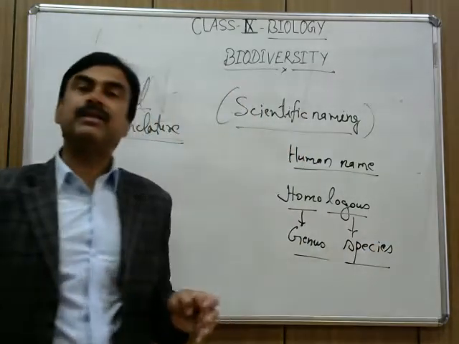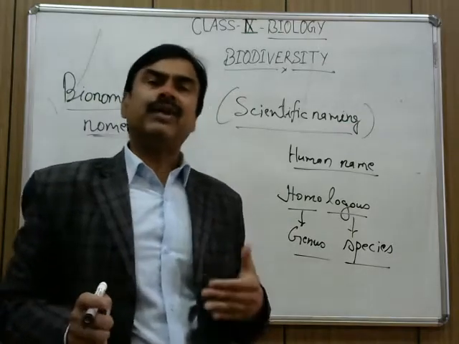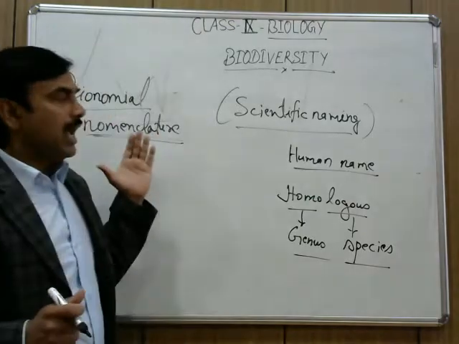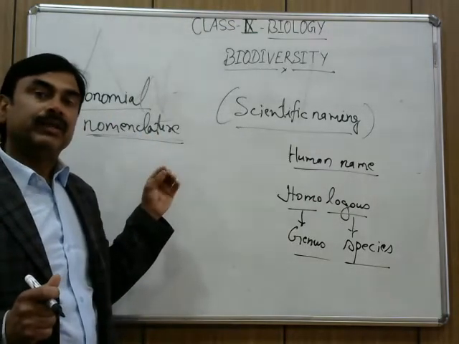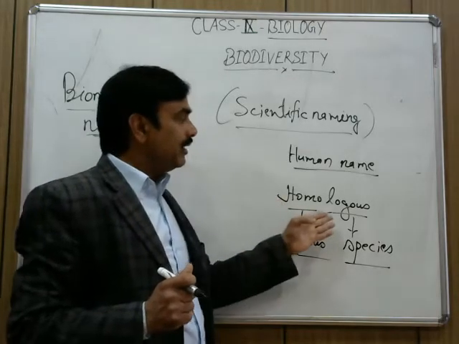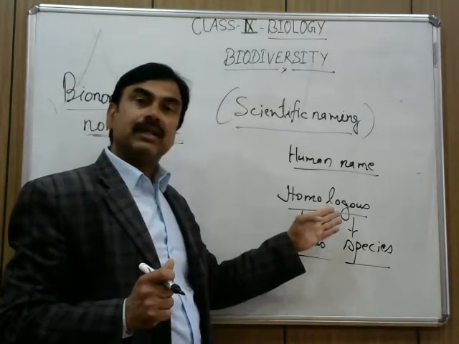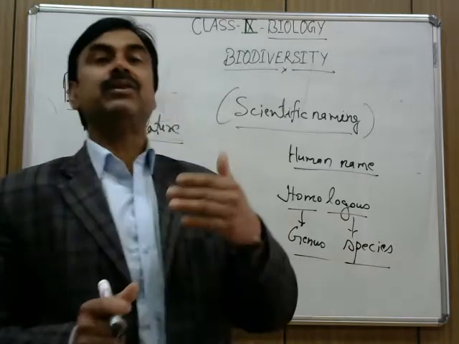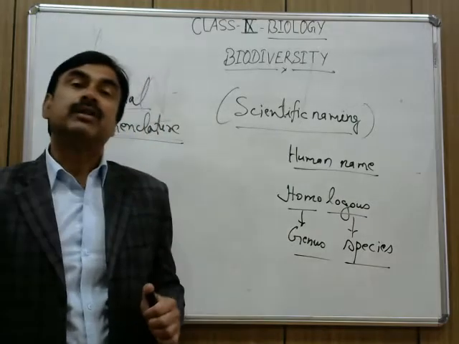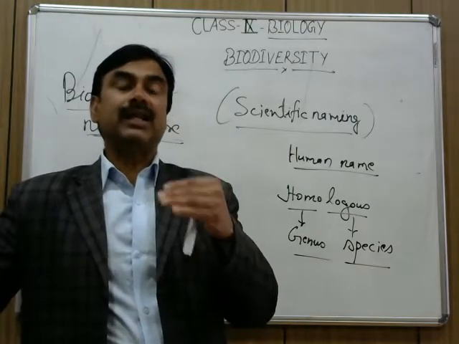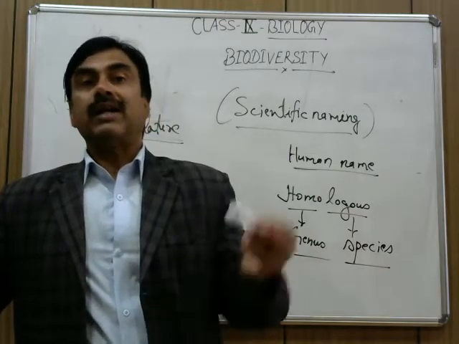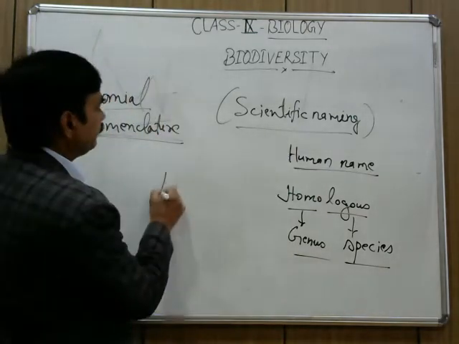The first name is always the genus, and by international coding for this nomenclature, the first name always begins with a capital letter, and the second name begins with a small letter. Like Triticum aestivum, the scientific name of wheat. So T begins with a capital letter. Like Rana tigrina, the frog.